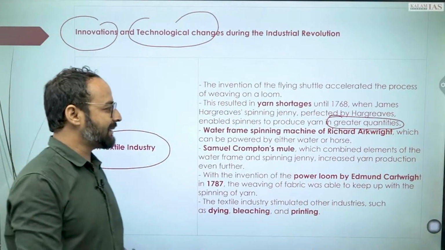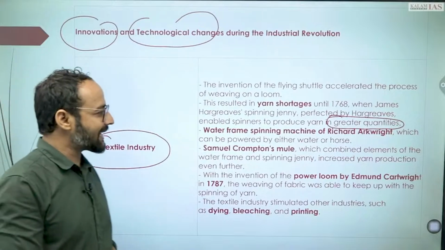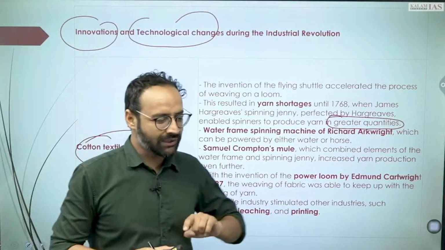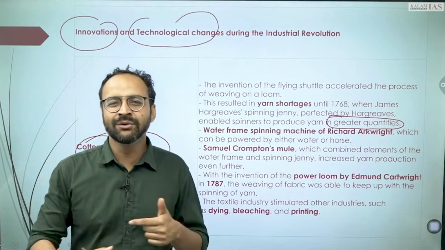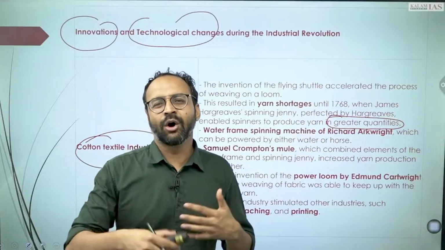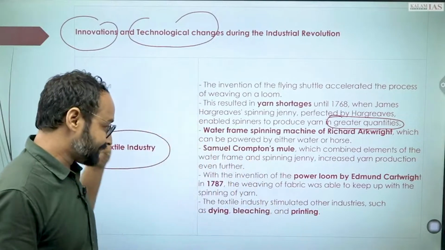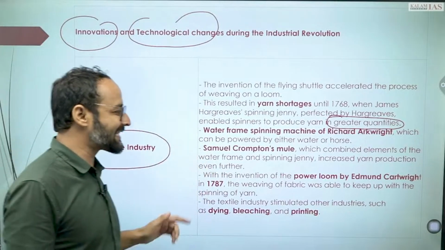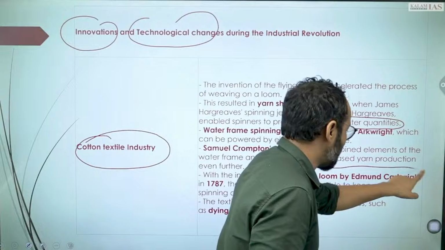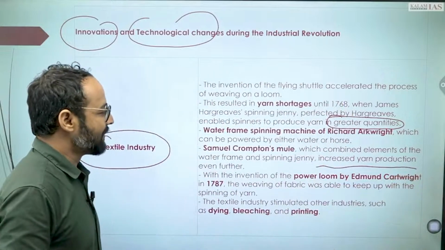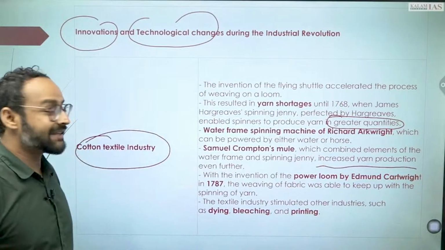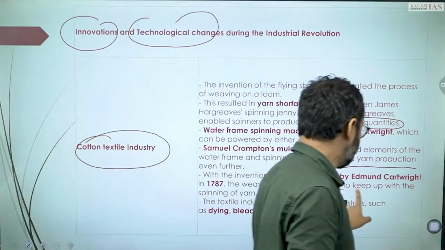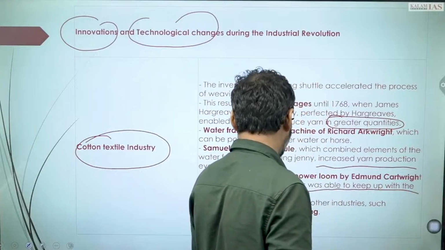Water frame spinning machines by Richard Arkwright could be powered by either water or horse. So water was used, then turbines were used, then gradually things started taking off. Crompton's mule, which combined elements of the water frame and spinning jenny, increased yarn production. And not to forget the power loom by Edmund Cartwright in the 1780s, so the weaving of fabric was able to keep up with the spinning of yarns.